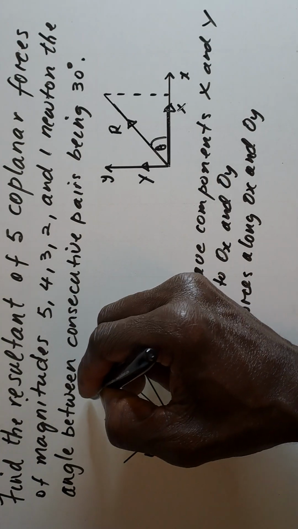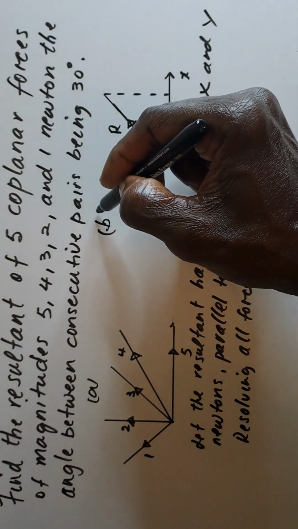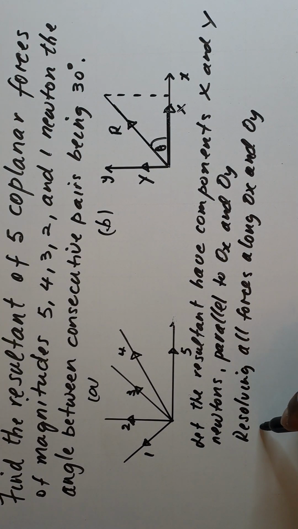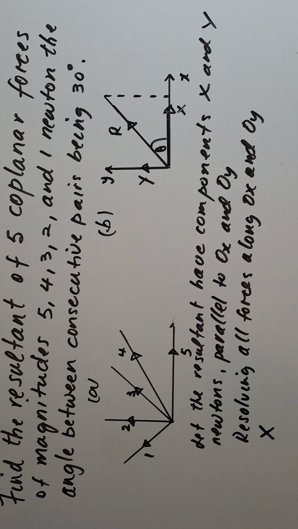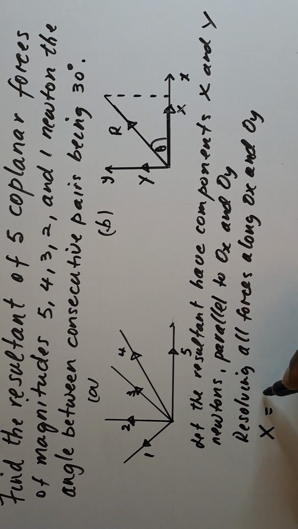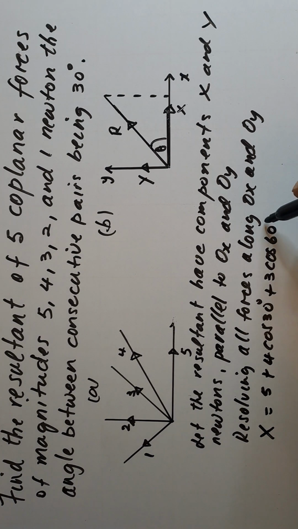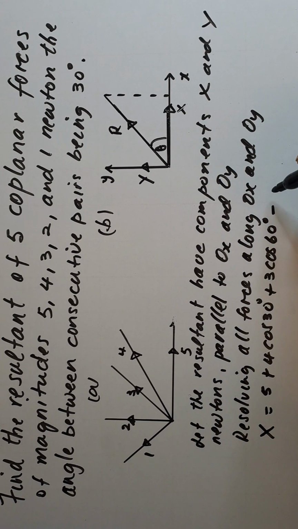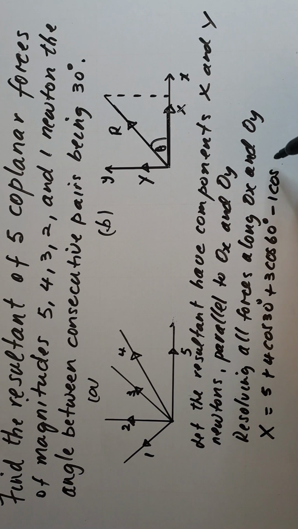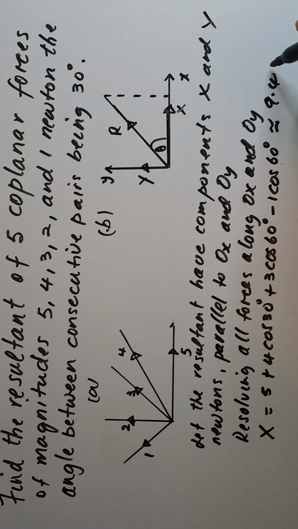We'll call this A, and this is B. So for components along OX, we have 5 add 4 times cosine 30 degrees, add 3 times cosine 60 degrees, minus, this is going in the opposite direction, so it's minus 1 cosine 60 degrees, and this is approximately 9.46.